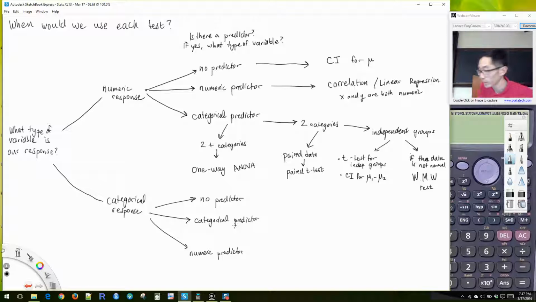So for the categorical response with no predictor, what do we do here?